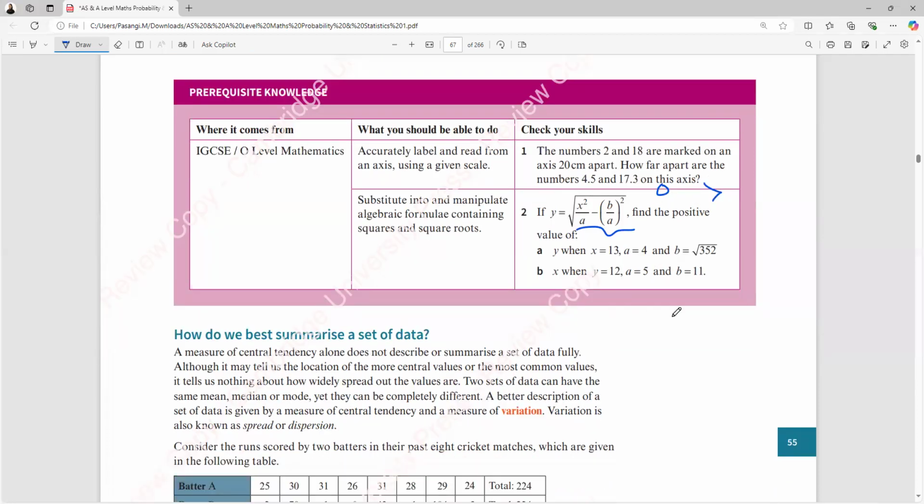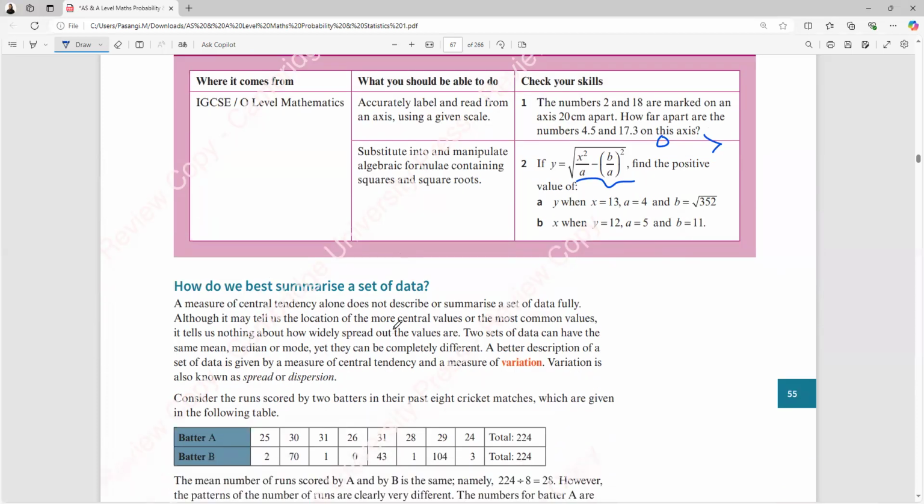Now, if I move to the theory part, first one is how do we best summarize a set of data? Let's assume we have two data sets, A and B. One is 25, 30, 31 and so on, and again the total would be 225.